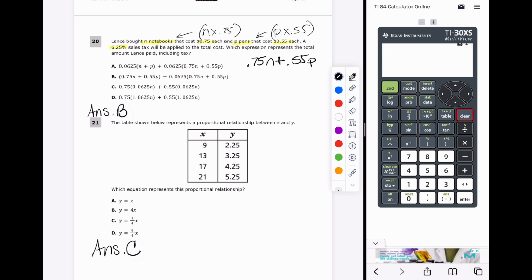Now, after I spend all this, I'm also going to add a sales tax to this. My sales tax is an increase of 6.25%. So if I want the total cost, I'm going to multiply this not by 6.25%, that's just the tax. I would want to know the price of it, and then I would do this. So 1.0625 times the whole thing.